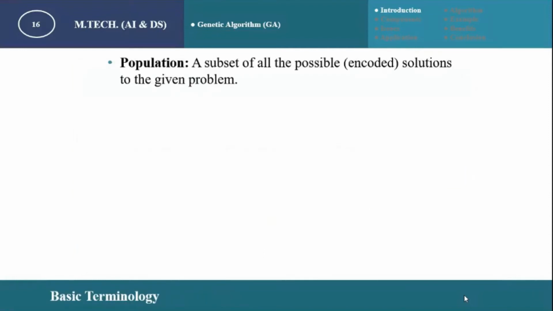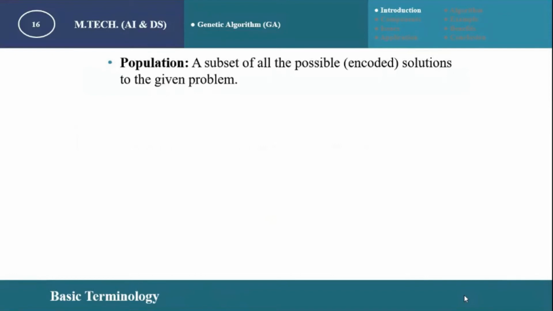Now the basic terminologies that are used; some of them we have already seen, and some are new. One is the population, which is a subset of all the possible solutions to the given problem. In most cases, a population is a subset of the search space, because the search space is a subset of the solution space.